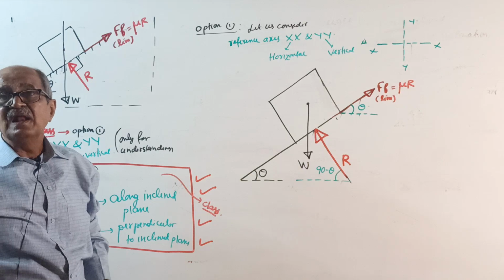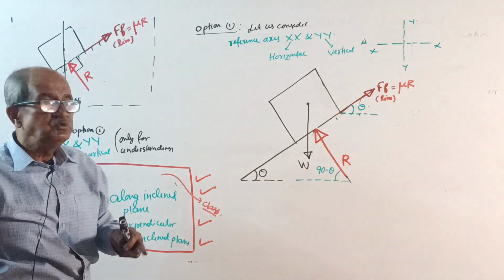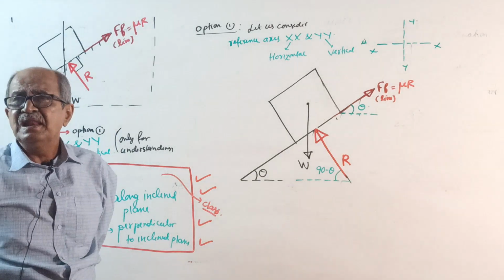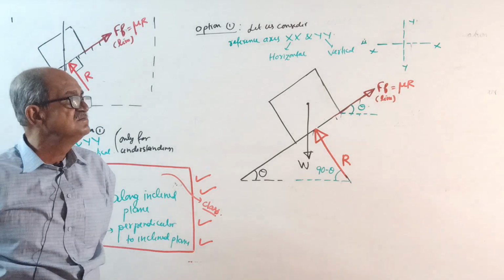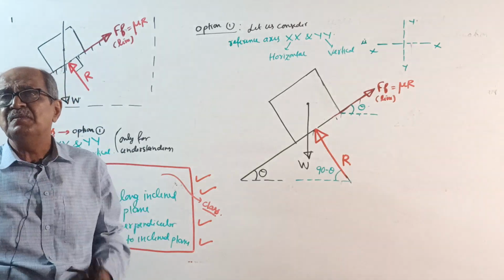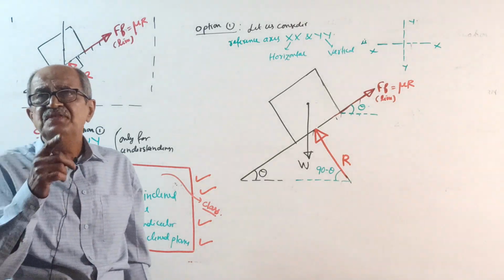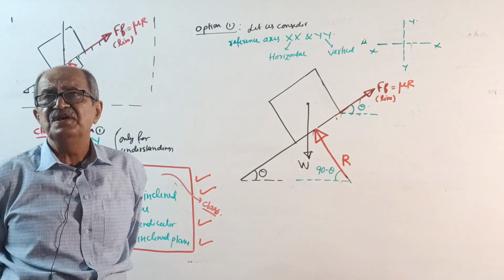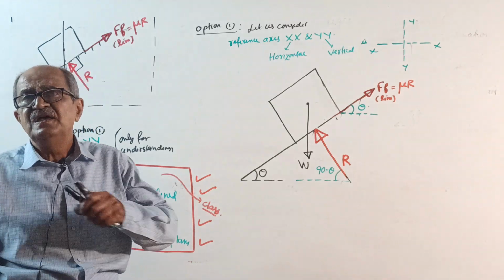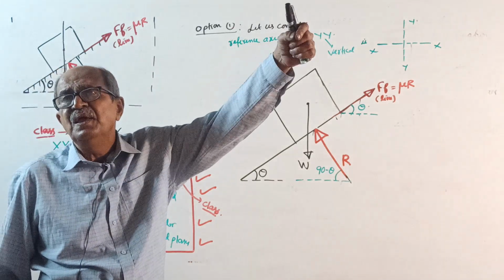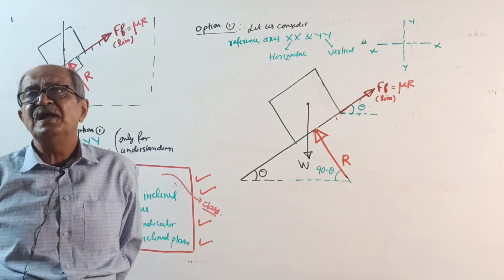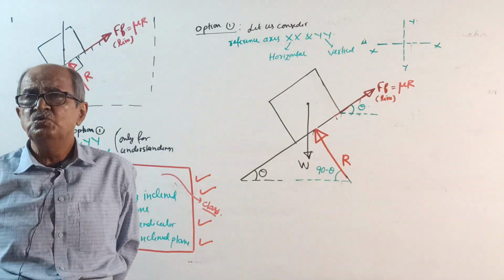I told earlier, whatever I dictate, you ought to write. Whenever inclined plane problems are there, and at a time you are considering only one inclined plane, it is advantageous to consider x along the plane, y perpendicular to the plane. In many places it is advantageous, and it is the usual practice.